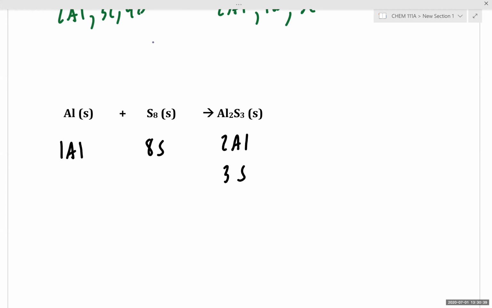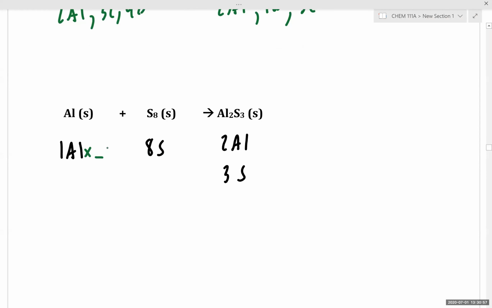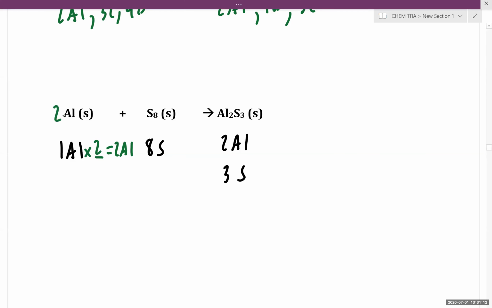Sulfur, you can also choose to balance sulfur first, but I find really there's no difference in which one you choose, but let's arbitrarily balance aluminum first. So if we have 1 aluminum on the left, 1 times what would give us 2 aluminums? What coefficient do we guess? 1 times what would give us 2? 2, yep.